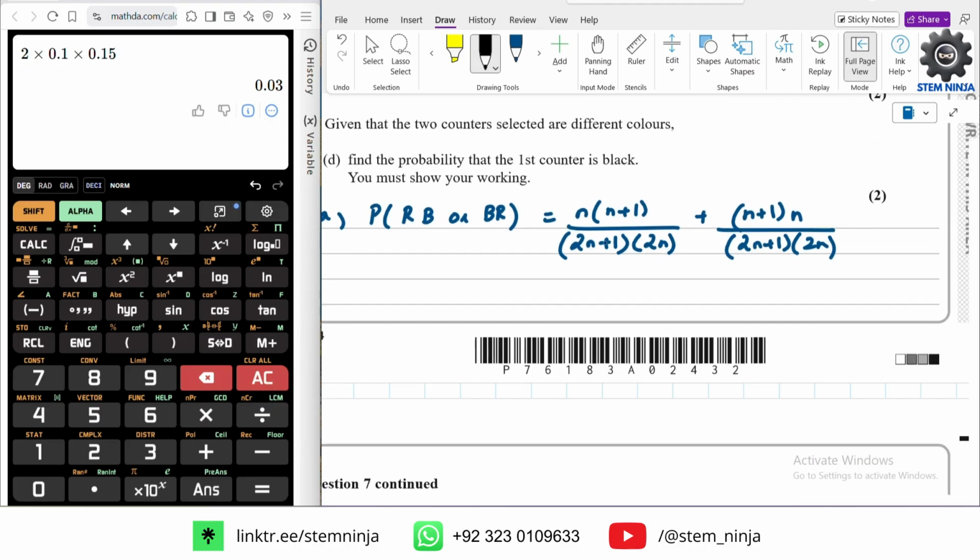Right, okay. So as you can see, this n and this n can get cancelled, and this n and this n can get cancelled. This is basically like a half and half situation, so this would become simply n plus 1 divided by 2n plus 1.